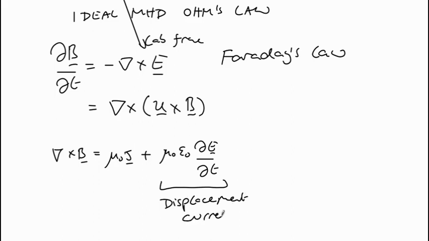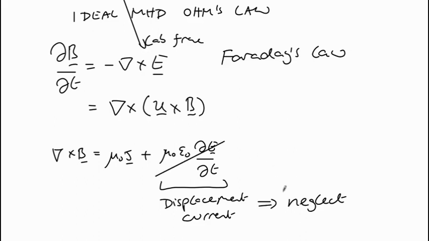current, and because mu naught epsilon naught is 1 over c squared, this term actually only becomes important when you have quite high frequency waves. And so for MHD we neglect this term. So I've actually assumed that this term disappears.